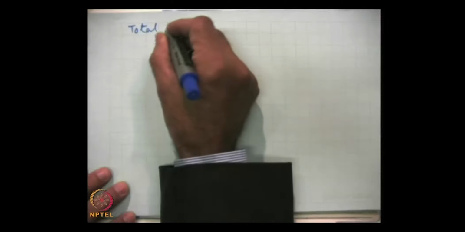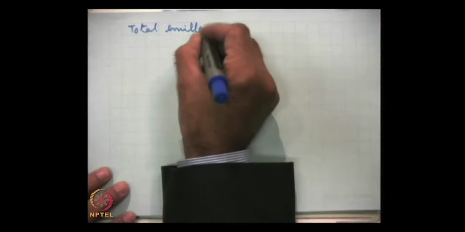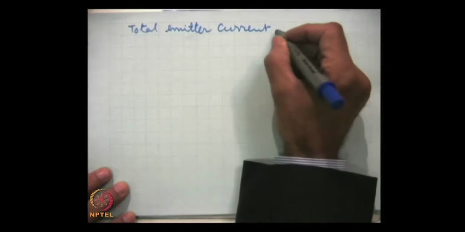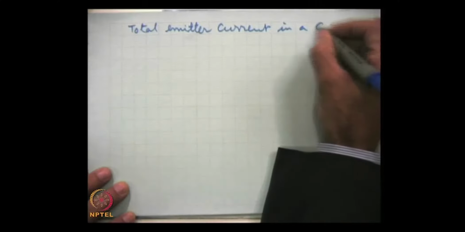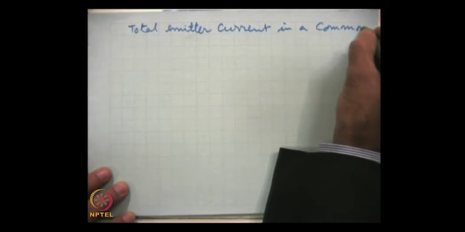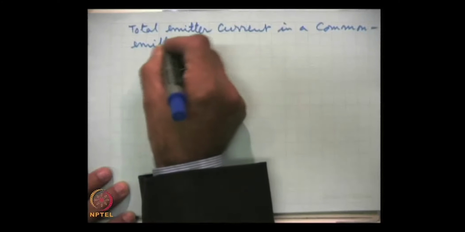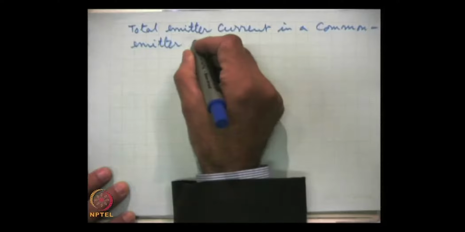So, this is the total collector current in a common base, common emitter circuit.